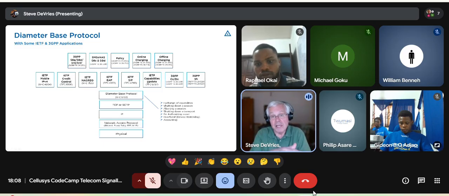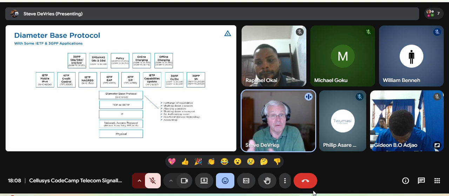3GPP now uses that base protocol for some of their own applications. This application deals with the IP multimedia subsystem. Remember that optional architecture that was introduced 20-some years ago. It wasn't used until now, for voice services over LTE and all-data networks.